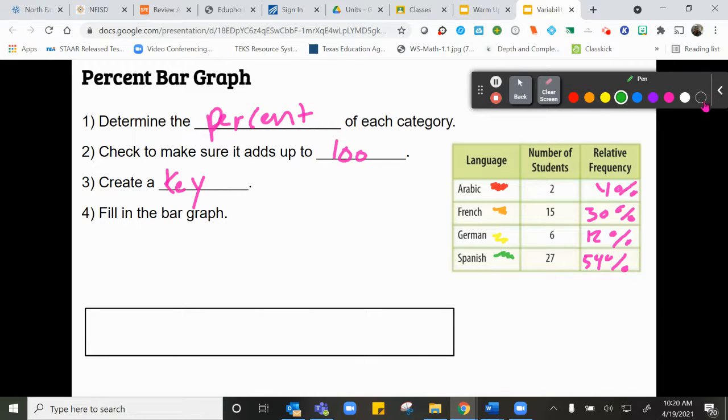So I want to make sure my percent bar graph is set up here. I'm going to start at 0% and go all the way to 100%. Then create your number line by using tens. Mine may look a little off because I'm doing this on computer versus paper.